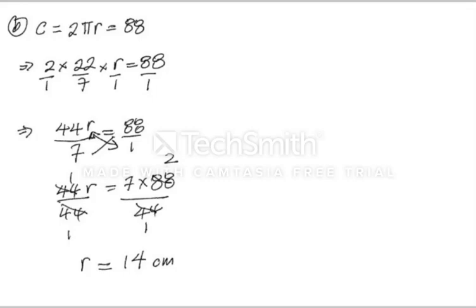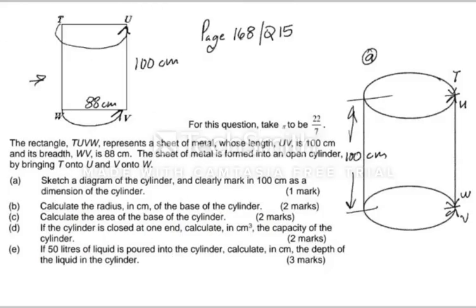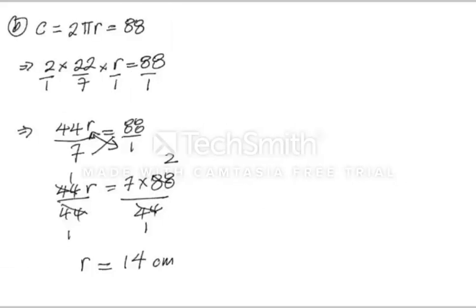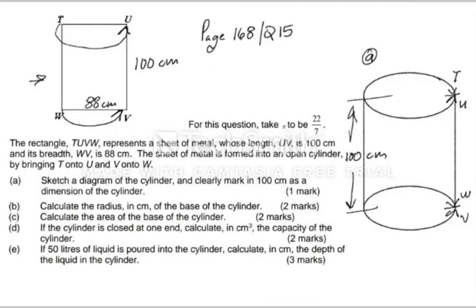All right, let's see what else they want us to find out. We're asked to calculate the area of the base of the cylinder. That's not difficult. We just calculated the radius, and for the radius we got 14 centimeters. So let's calculate the area here, the shaded area.